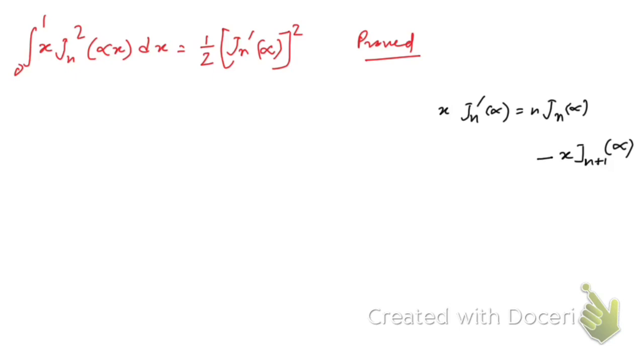So let me make it alpha instead of x. That's what we have got. Now you see, since Jn alpha is equal to 0, this term is going to be equal to 0, right?